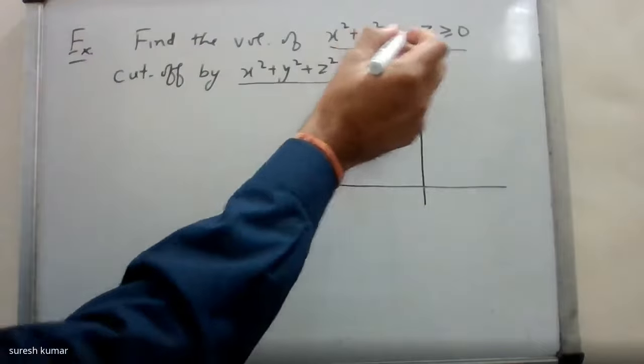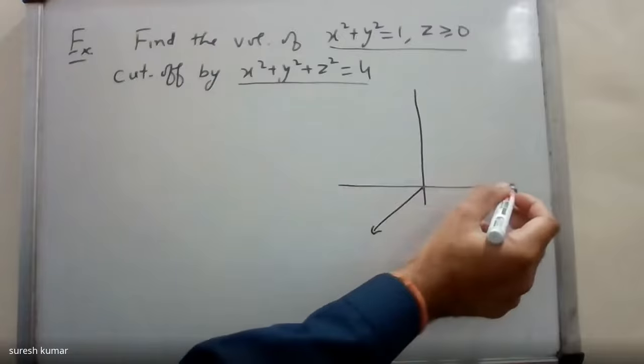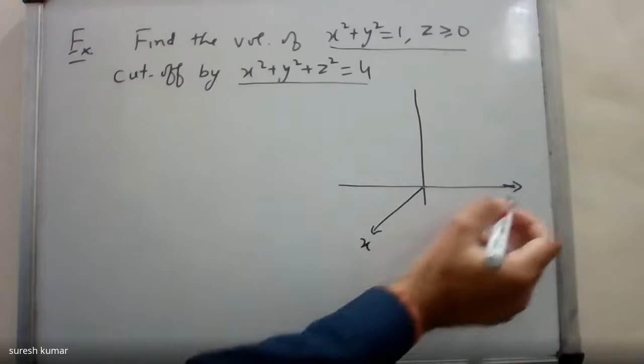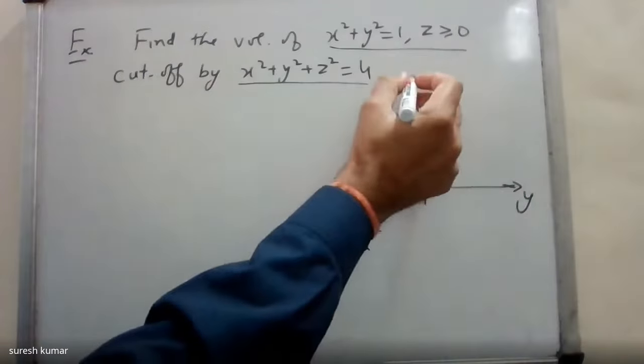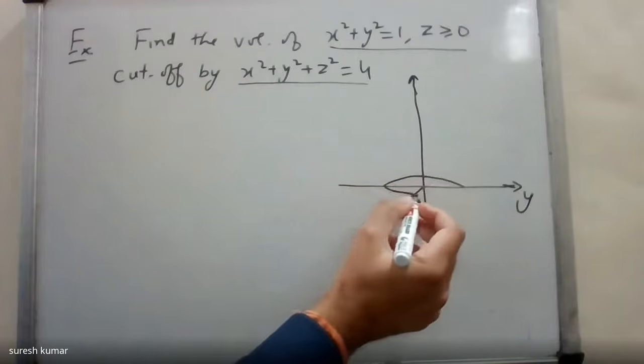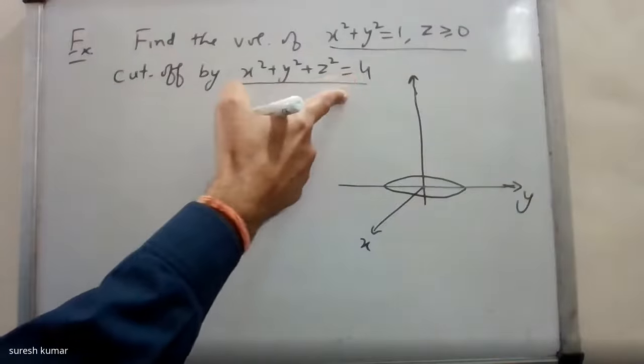It is an infinite cylinder, but z is greater than or equal to 0. What does that mean? Is the cylinder above the xy-plane only? Okay, the cylinder is above the xy-plane, but it is cut off by this sphere also.